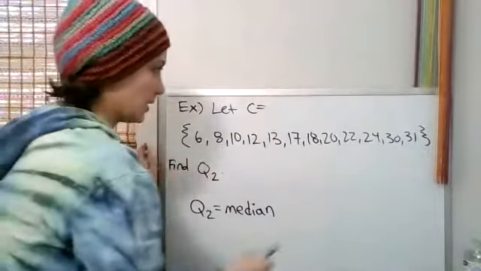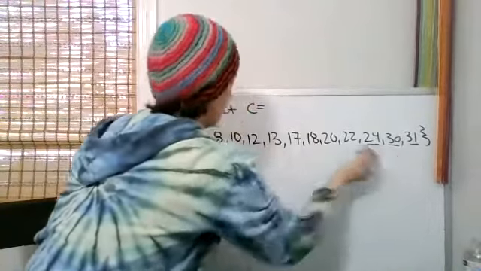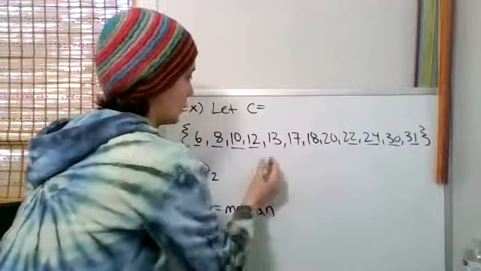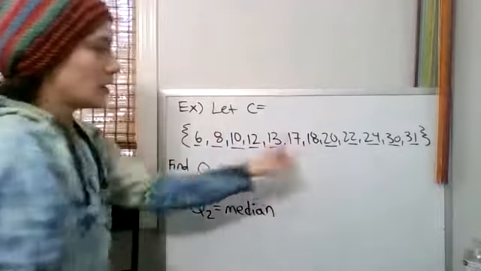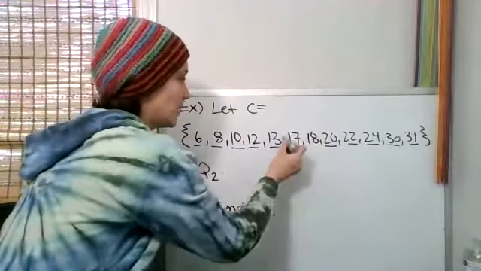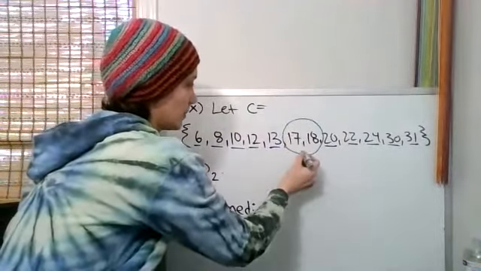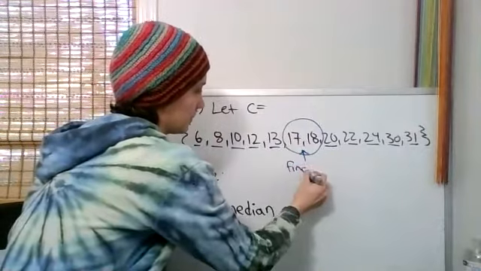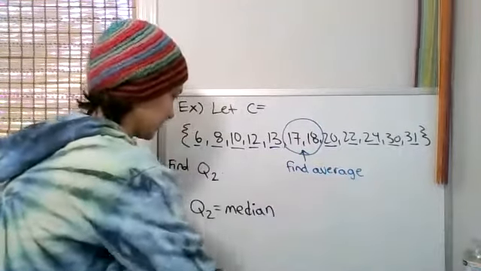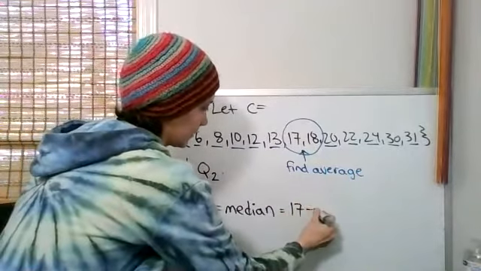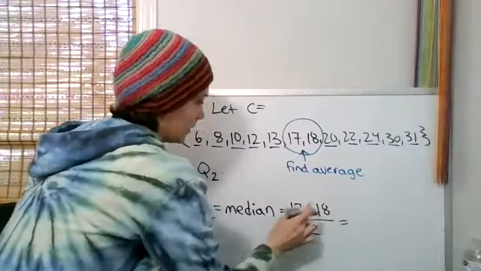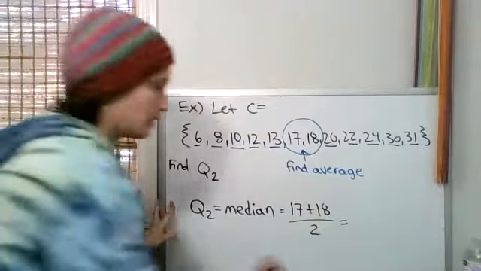Let's just color these. 1, 2, 3. 1, 2, 3. 4 times. 5 times. 2 numbers in the middle mean that we take the average of them. So 17 plus 18 divided by 2 is 17.5.